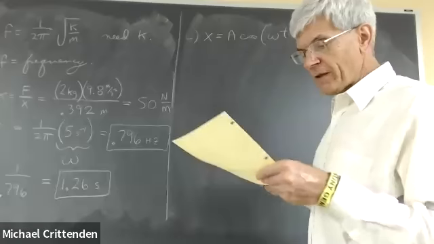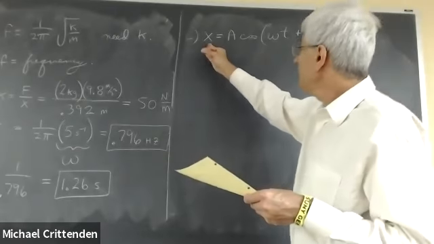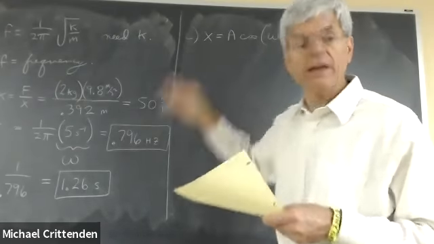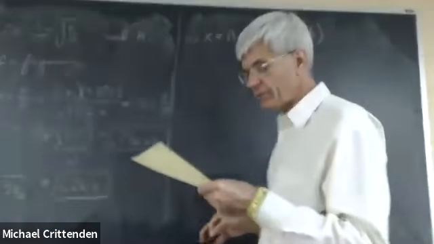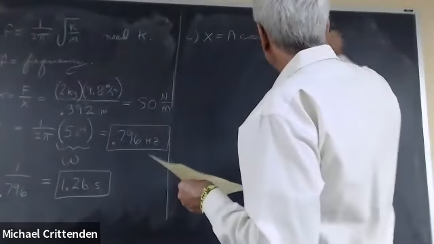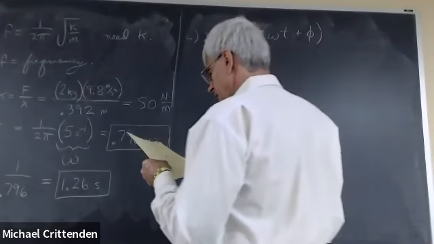We need to fill some things into that. And x is what the question's asking for. x is how far it's displaced from equilibrium. So we need to fill in numbers for everything else and calculate x.